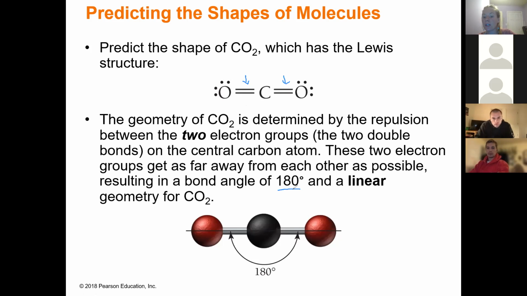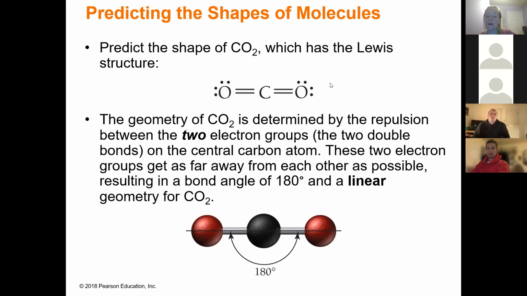Well, they can get 180 degrees away from each other. So the structure that you get when you have 2 electron groups on the central atom is called linear. Linear because it makes a line, right? Does that make sense? Like if I had a ball or a ring in the center and I had 2 ropes and the ropes wanted to get as far away from each other as they can, it would be 180 degrees. So we get a linear structure.